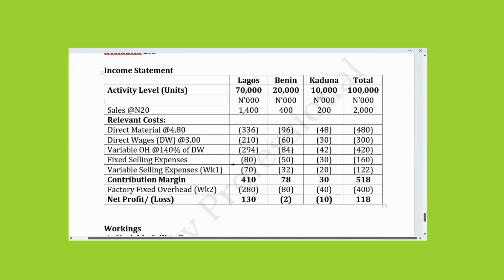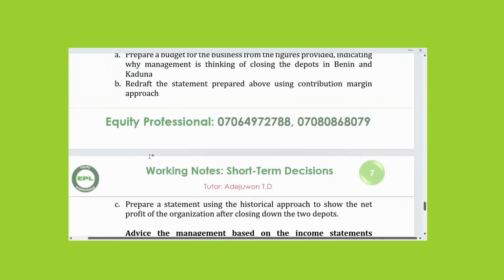When you look at the operating results of Benin and Kaduna, you will see that Benin generated a loss of 2,000, while Kaduna produced a loss of 10,000. That is why management is thinking of closing down Benin and Kaduna depots. Okay? So that answers requirement number A.